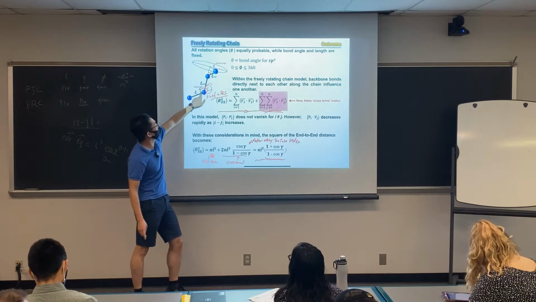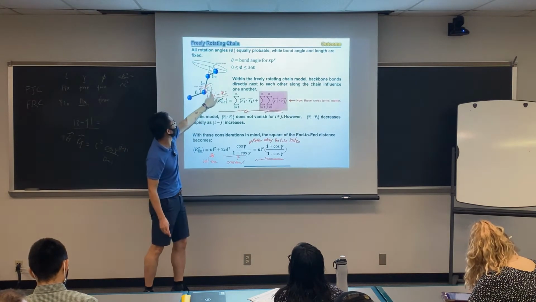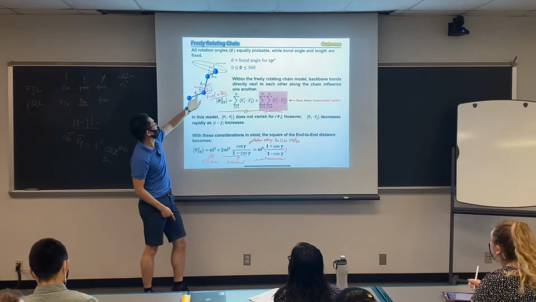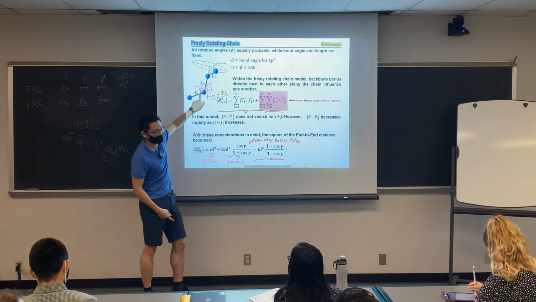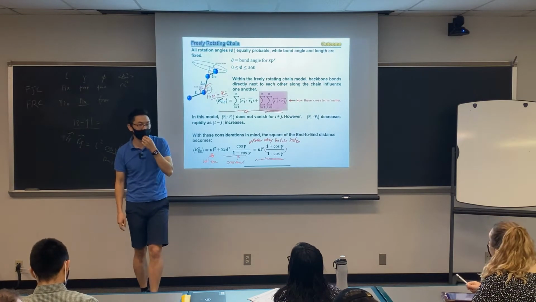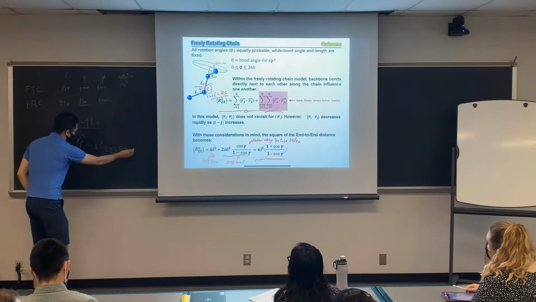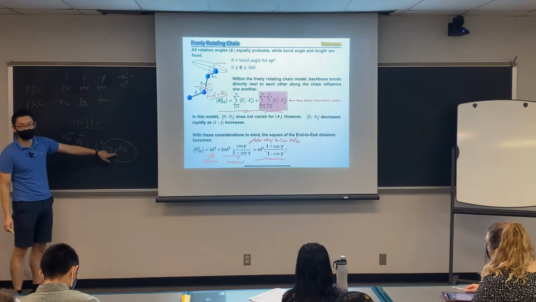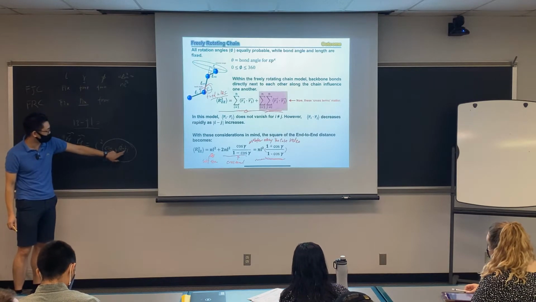So in a long chain, if you count 10 bonds from now, it can point in many directions. But if you count just 2 or 3 bonds, it will have some ability to memorize the effect of the previous bond. And this is given by this particular term. Cosine beta depends on its bond angle, and the exponent depends on i minus j.